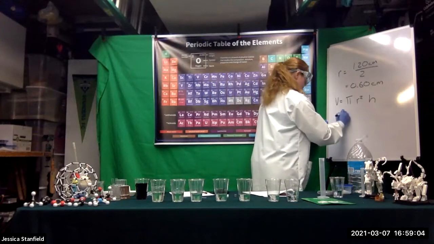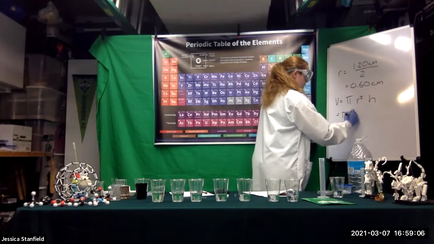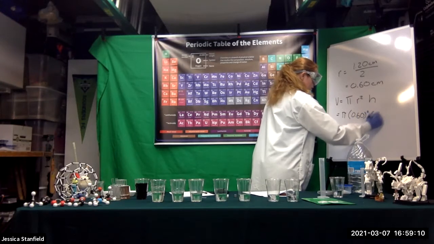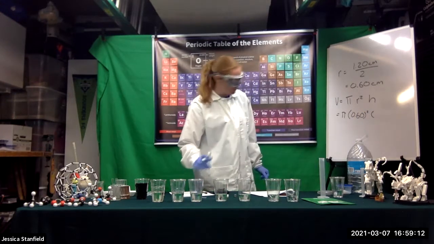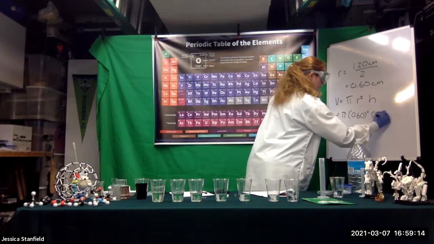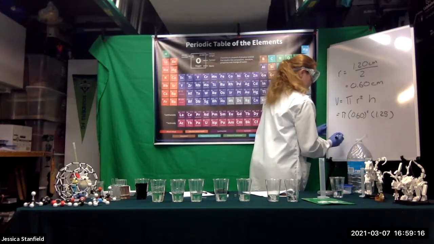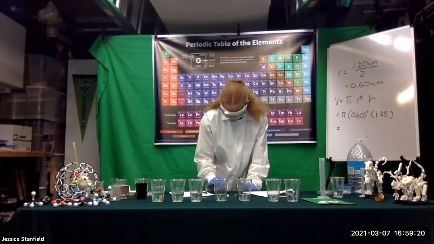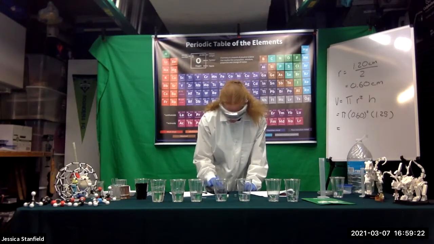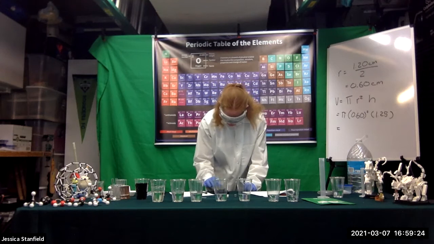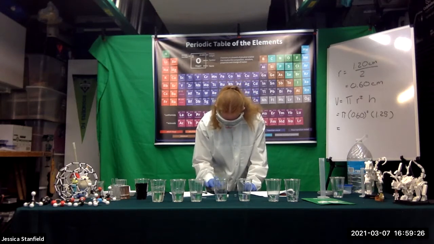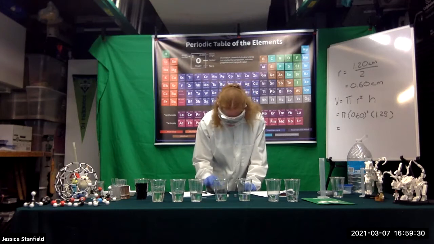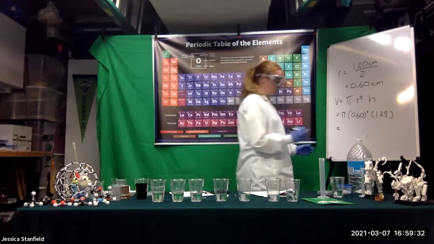I have pi times 0.60 squared times my height, which was 1.25. So we'll do our 0.6, and then the 1.25. All right, so I'm going to get 1.41.